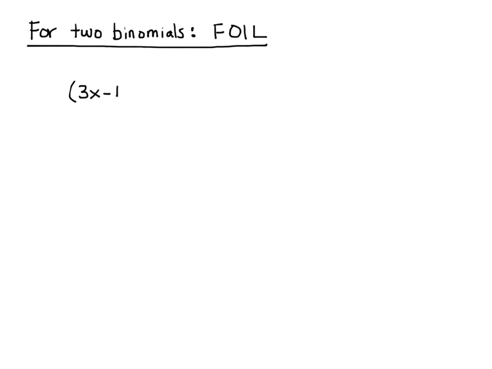Okay, so let's talk about FOIL. That stands for first, outside, inside, last. Okay, and so it's a way to keep organized when we take the same polynomial. We're going to take the first ones, multiply that, and so we get 6x squared.